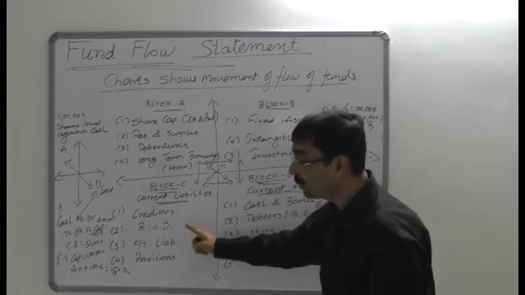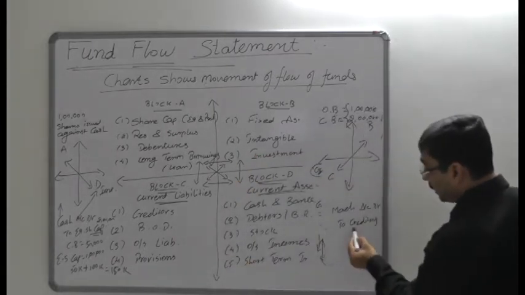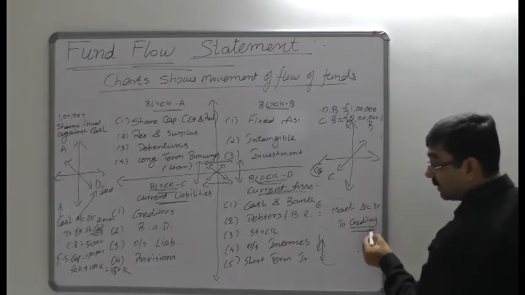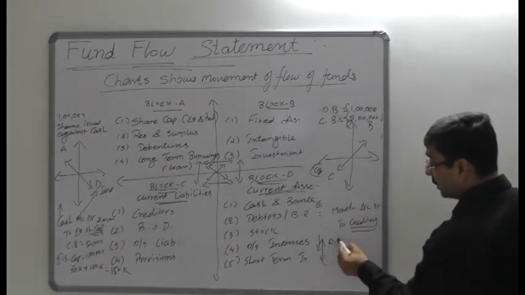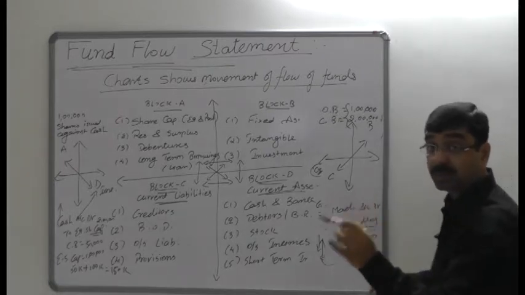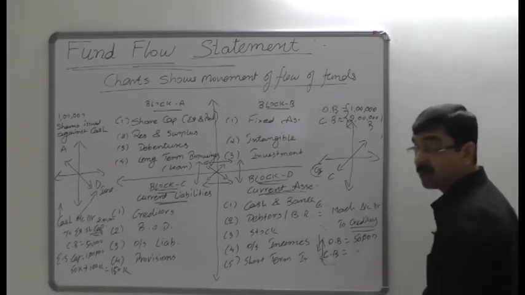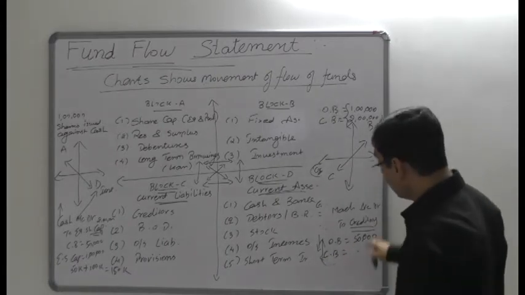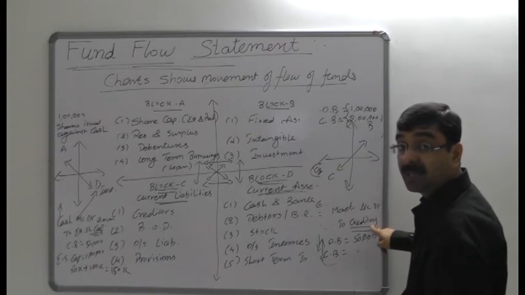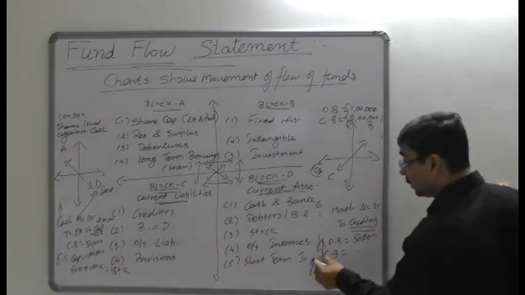Now it is purchased on credit. So what would be the changes in the creditors? Suppose the opening balance of creditors is 50,000. Now what would be the change in the creditors closing balance? Here the machinery is purchased on credit, and that's why your creditors value is also increased.